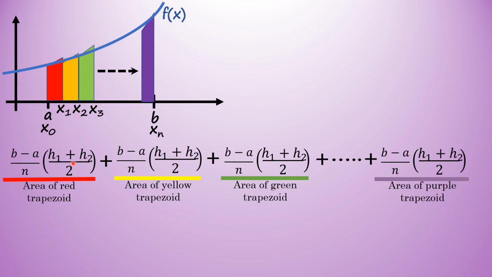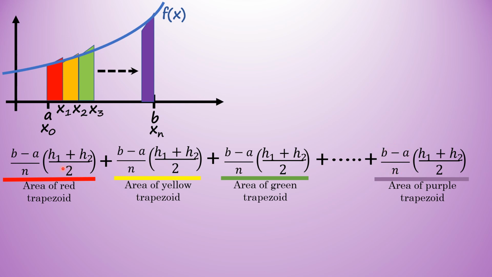Now that we have an expression for the area of all of the trapezoids added together, no matter how many trapezoids there are, notice that there are some similarities in each term. B minus a over n, the width of each trapezoid, is the same, and that will start off every term.